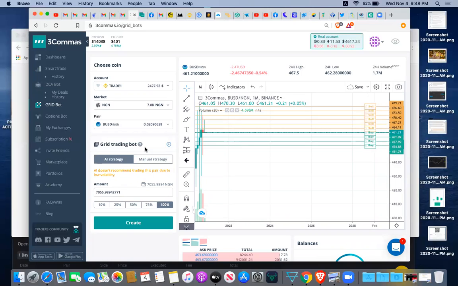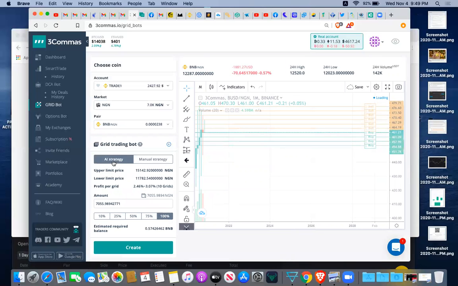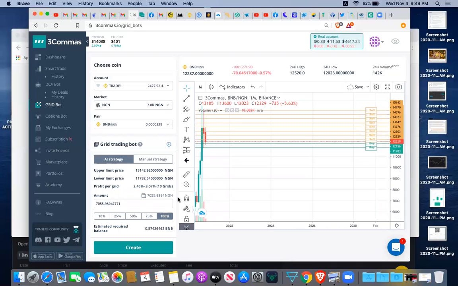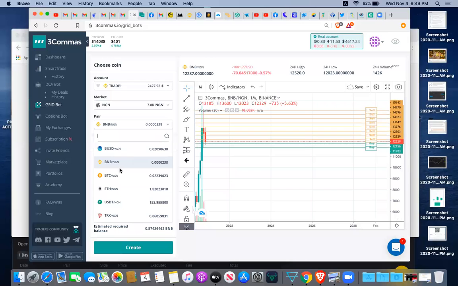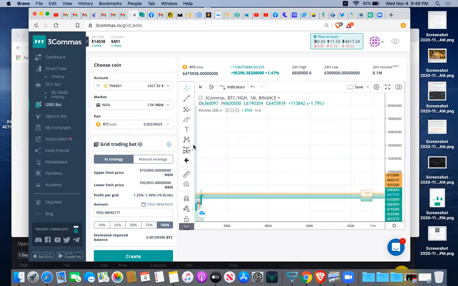Okay, AI does not recommend trading this pair due to low volatility. Yeah, but they are actually having a base buying BTC NGN. Okay, it's actually showing that it's not BTC NGN, it was BTC BUSD that has low volatility. So the guy was not actually interested in BTC, but BNB now, meaning BNB can be more volatile now.